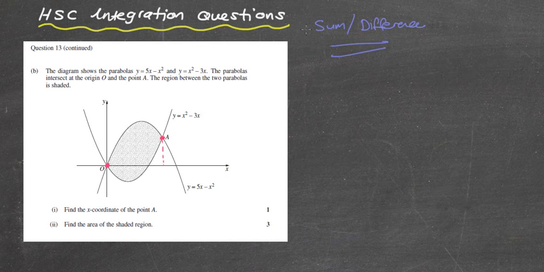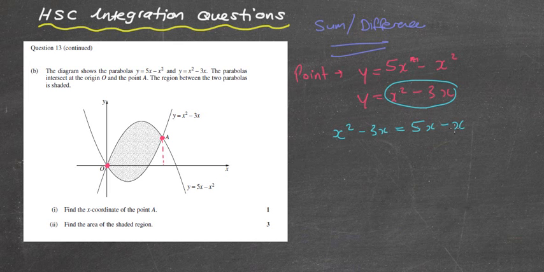There you go. So for point A, for any points of intersection, we want simultaneous equations. We know that y equals 5x minus x squared. We know that y is equal to x squared minus 3x. So if I solve it simultaneously, we're going to substitute x squared minus 3x for where the y is. So we get x squared minus 3x equals 5x minus x squared.